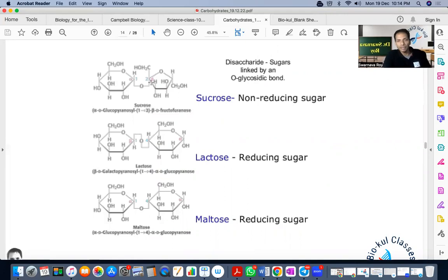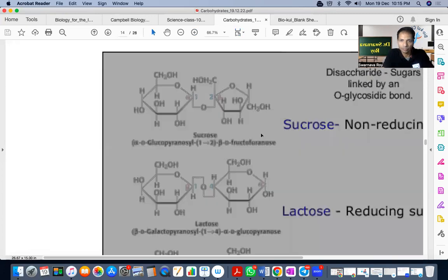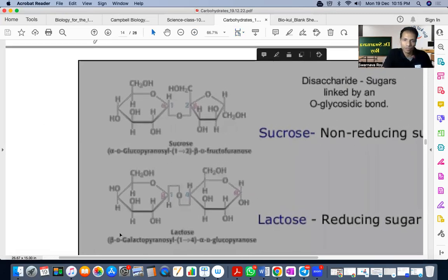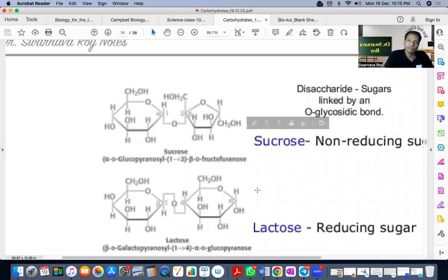Now you can see this is the picture of sucrose. Sucrose is a disaccharide made up of glucose and fructose. So we can just magnify this picture. Here we can see this is sucrose, which is basically made up of fructose and glucose.